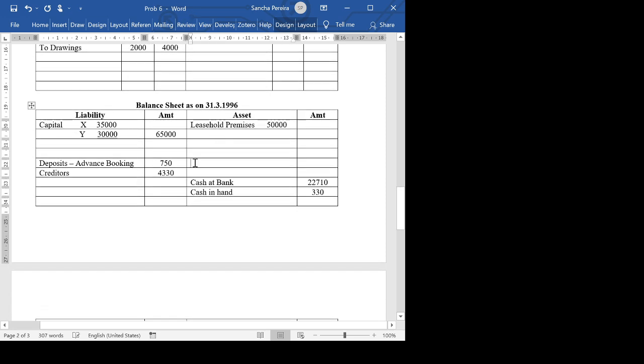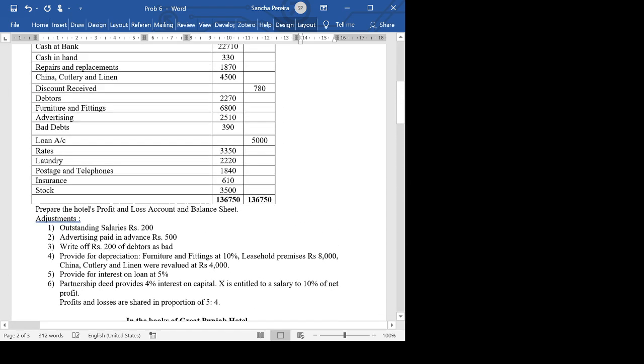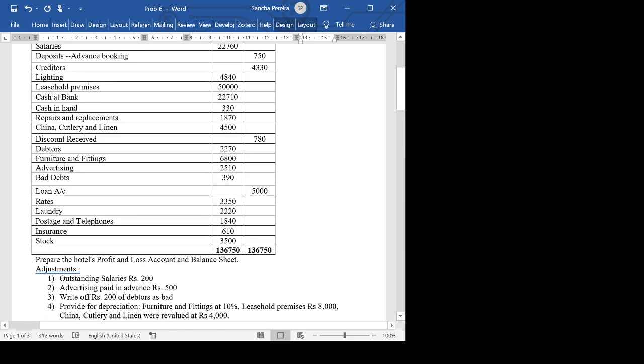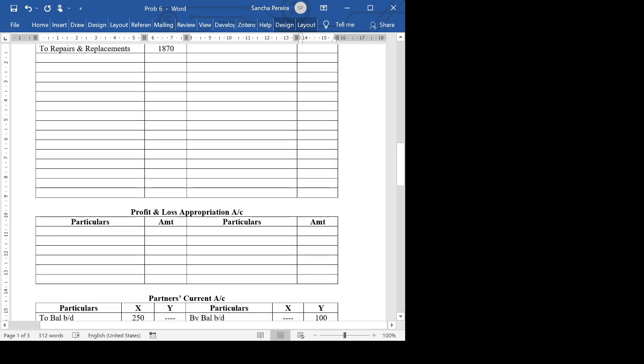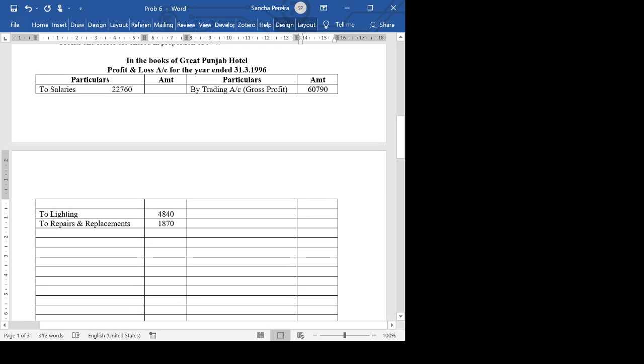There's furniture, so I'll leave the place for furniture. China, cutlery and linen, 4,500. Discount received 780. This is an income. By discount received.